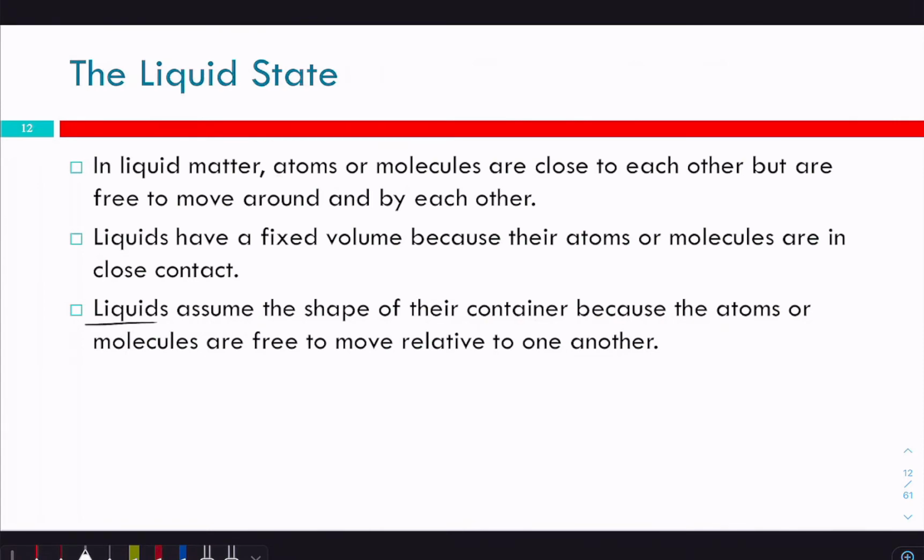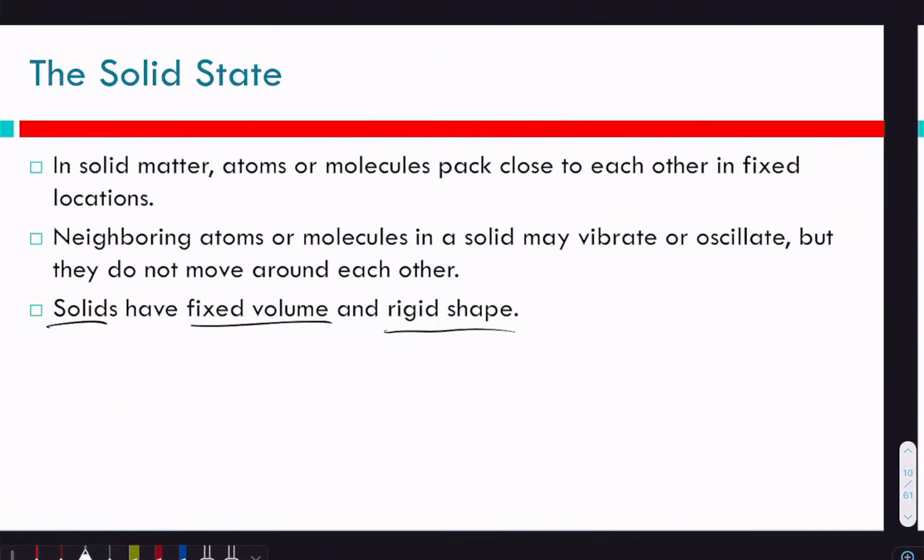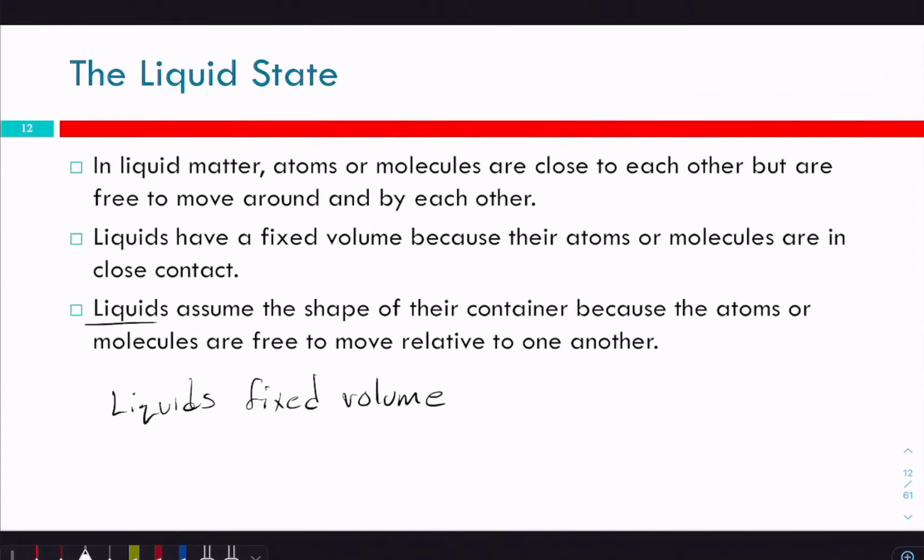So liquids, let's see what's on the next slide here. No, we go straight to gases. So liquids have a fixed volume. I want to phrase this just like this: fixed volume and an amorphous, or maybe malleable, shape.